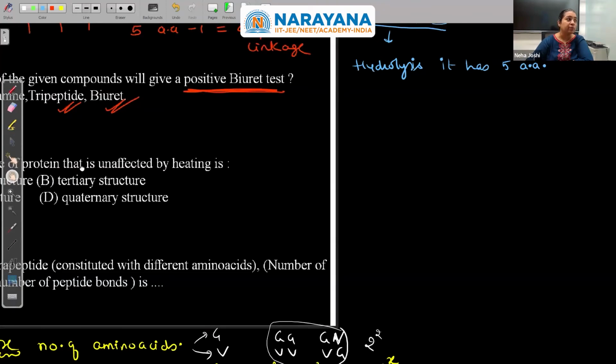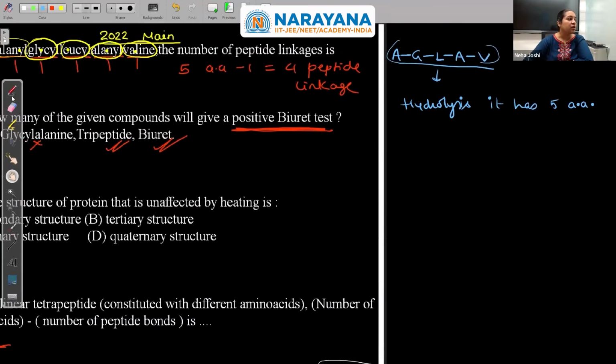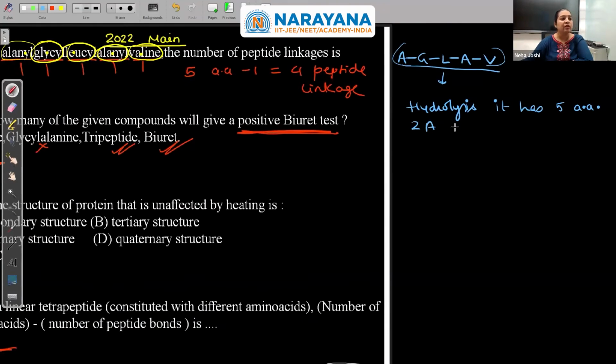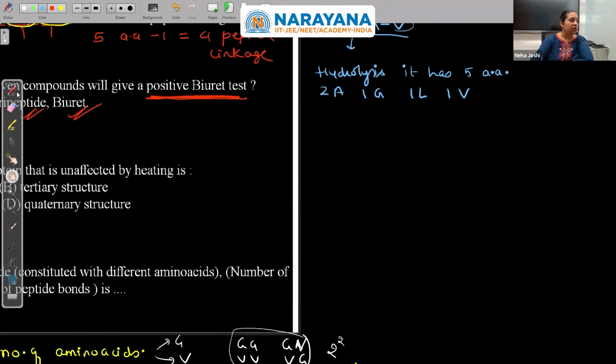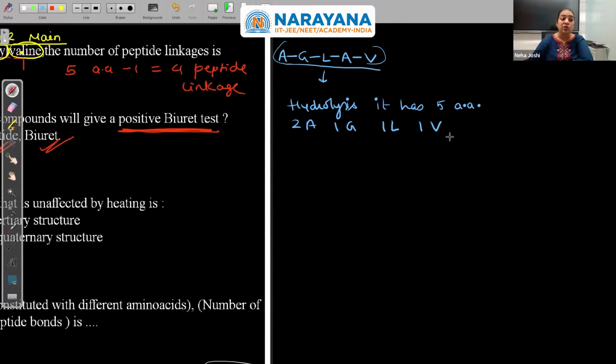The 5 amino acids need not be the same. We are told you are allowed to use 2 alanine, 1 glycine, 1 leucine and 1 valine. Now you have to identify the sequence. So they say we get the following pieces on hydrolysis.